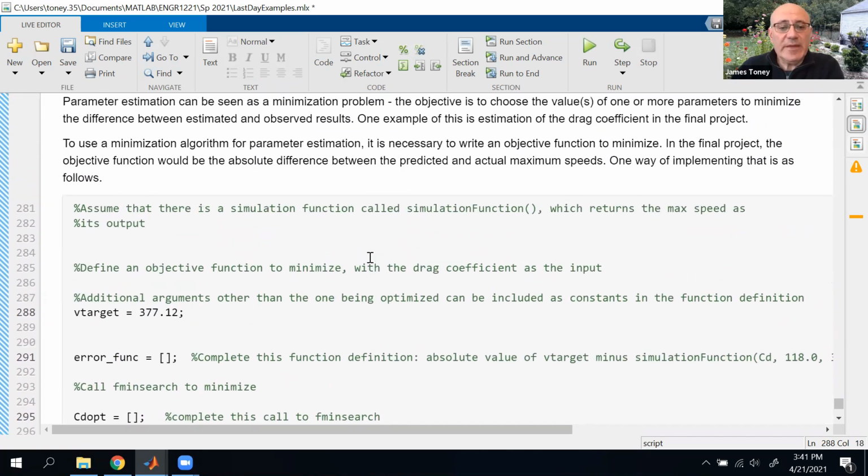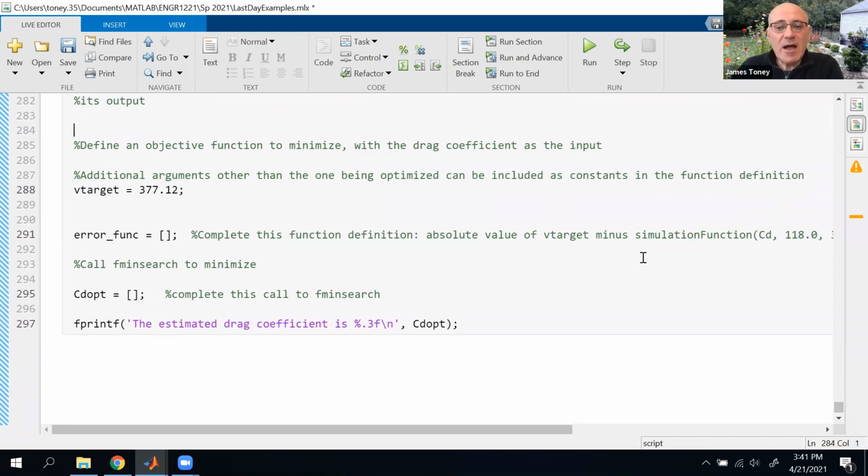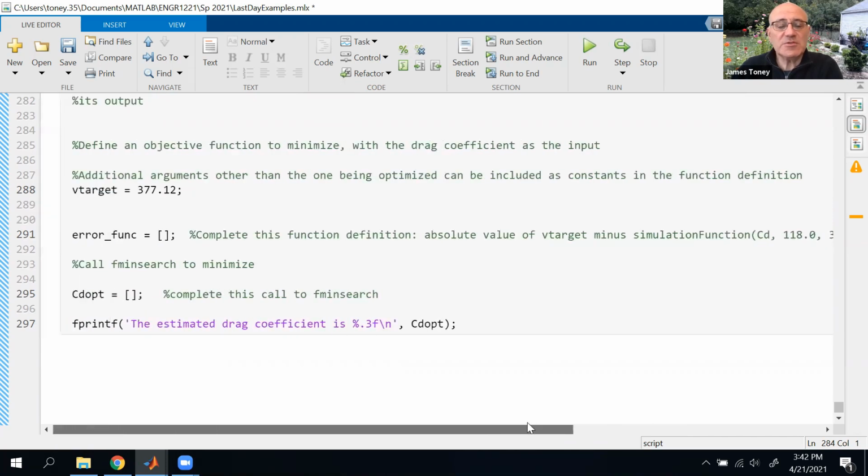Now we have to think a little bit about what is it we're trying to minimize here. Okay, so we have some simulation function, which is going to run our simulation. We can construct that however we want to return the thing that's most convenient for us.